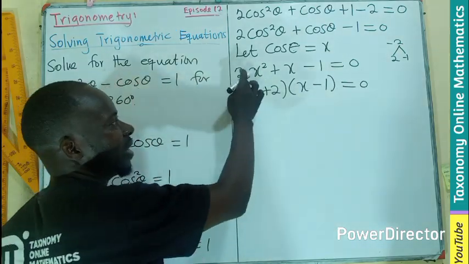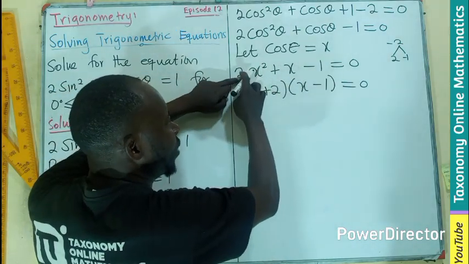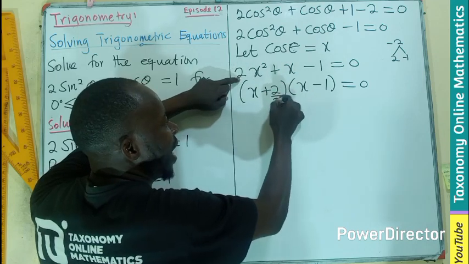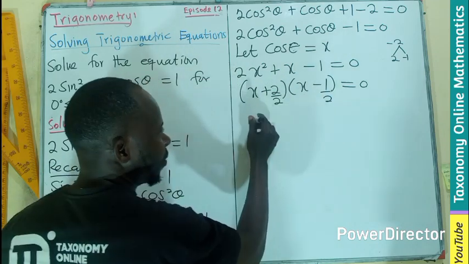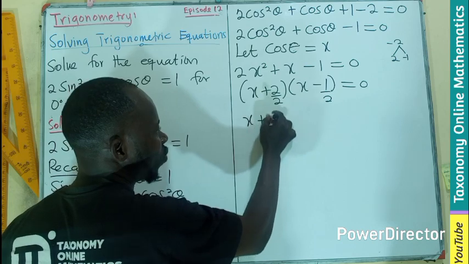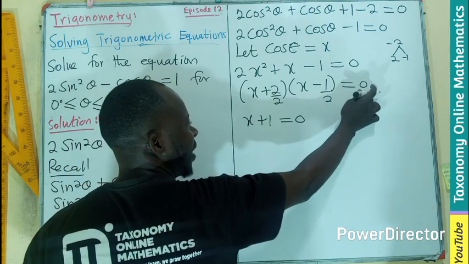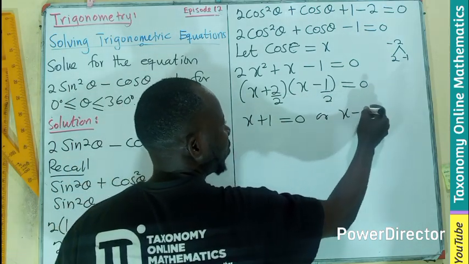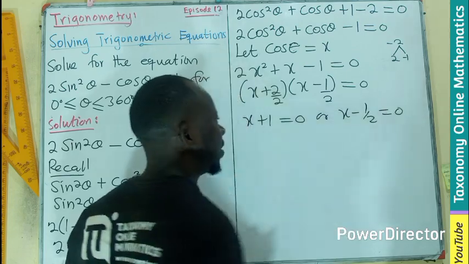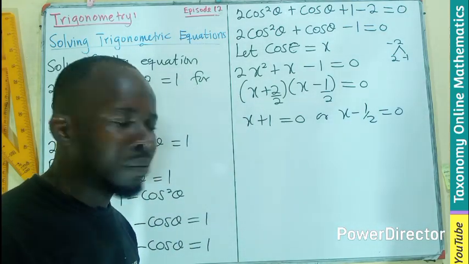All these, when expanded, give you this, but we used the 2 to multiply, so now we divide by that 2. That means the first bracket is x plus 1, which is the 0 we are seeing here, or x minus 1 over 2 is the 0. Are we good? Good.